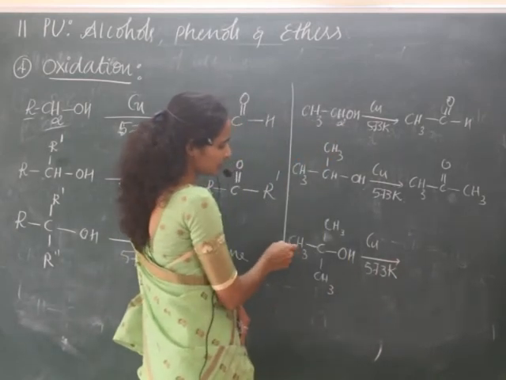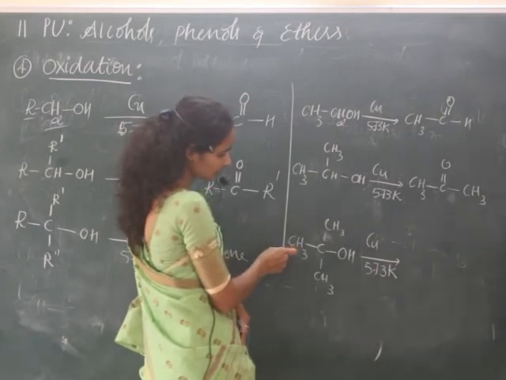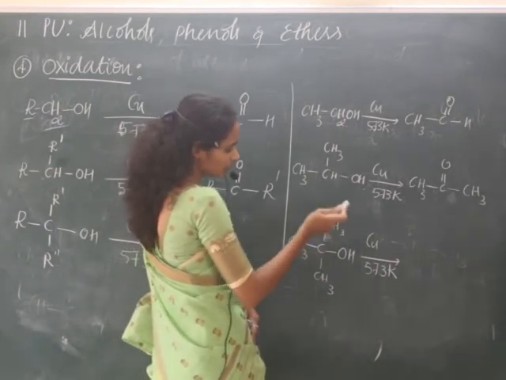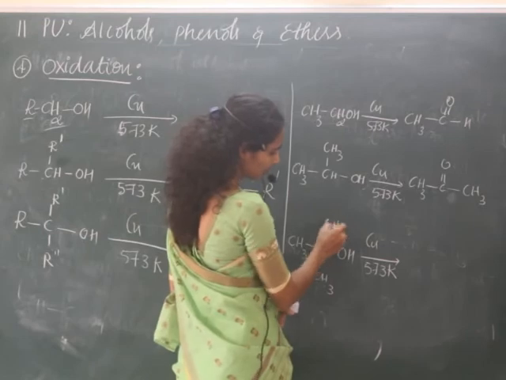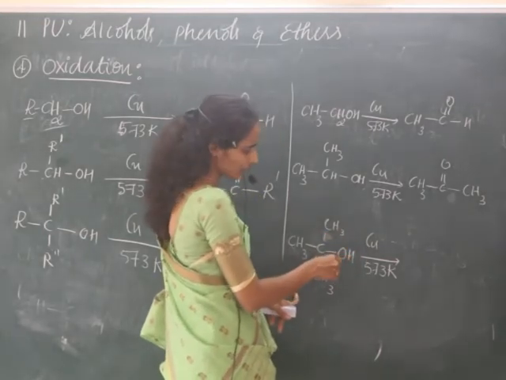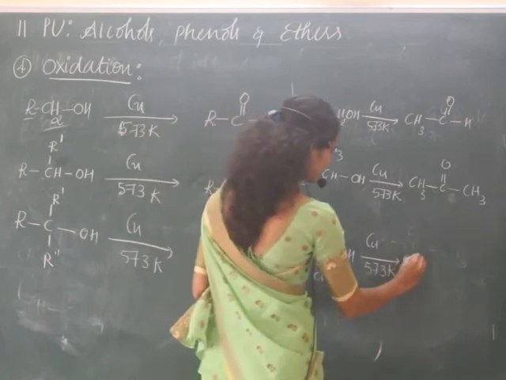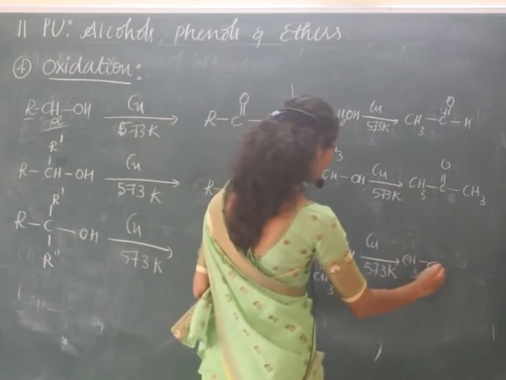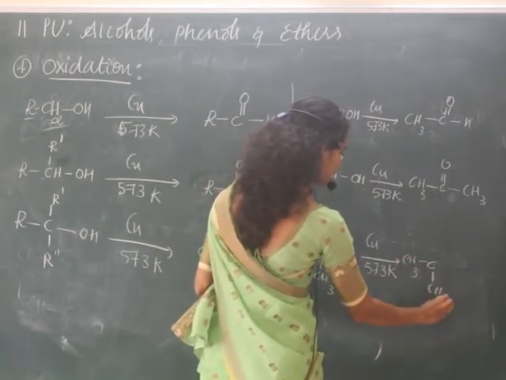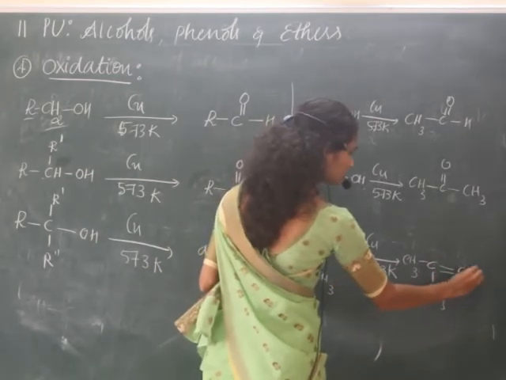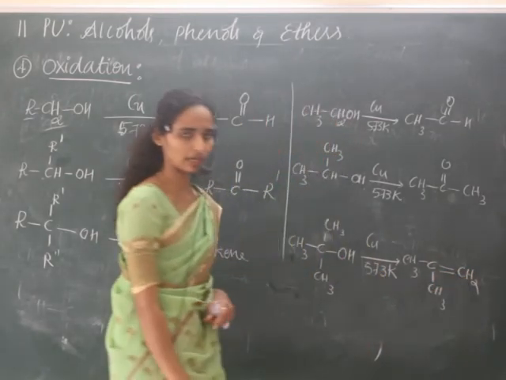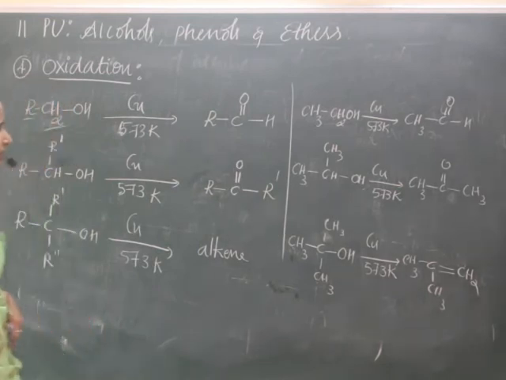See, CH3, C, here it becomes a double bond. Elimination of water takes place. I have explained this kind of reaction before. Then what will we get? CH3, C, CH3, double bond CH2. Alkene formation takes place.